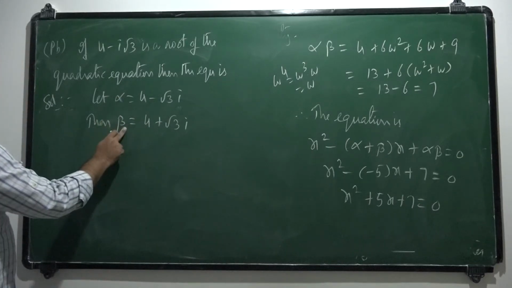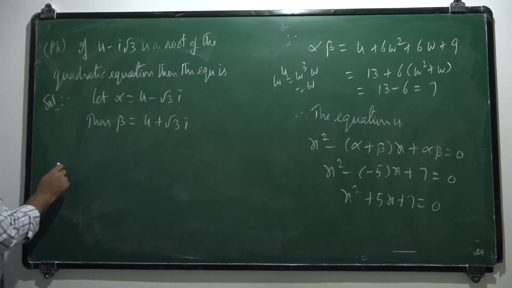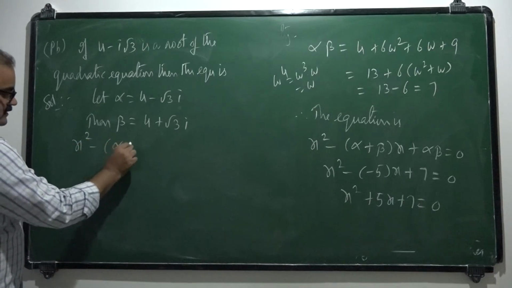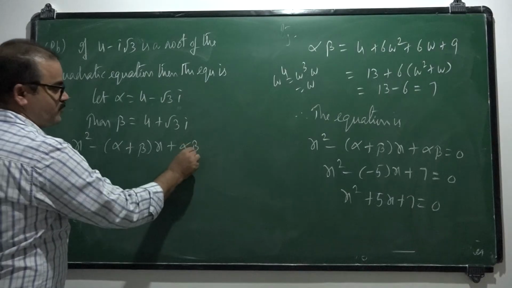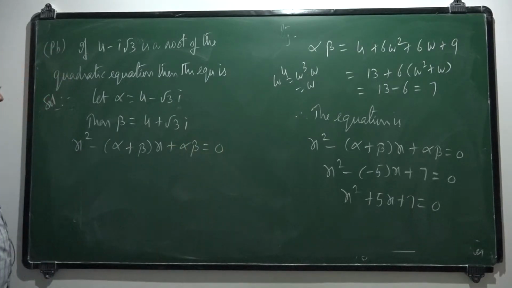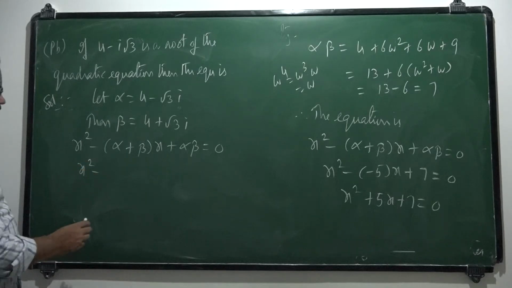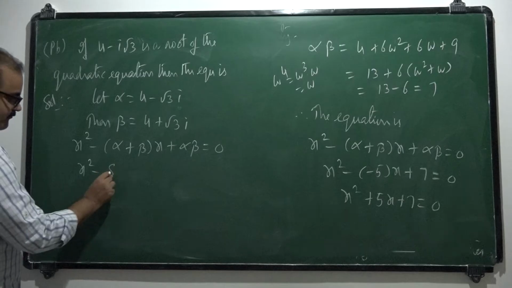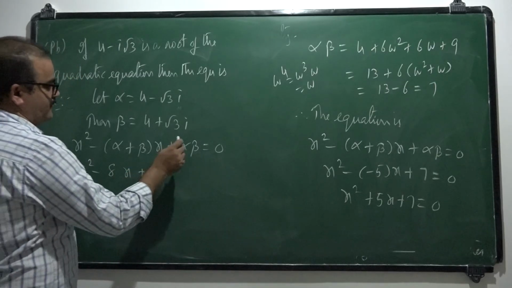If the roots are known, then how to find the quadratic equation? x square minus sum of the roots into x plus product of the roots is equal to 0. x square minus of alpha plus beta, that is 8, into x plus alpha into beta.